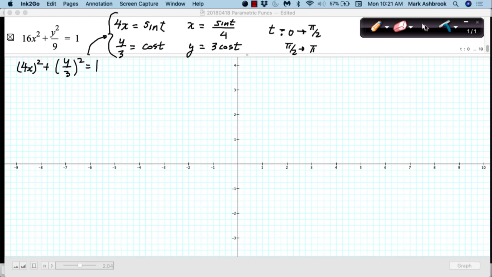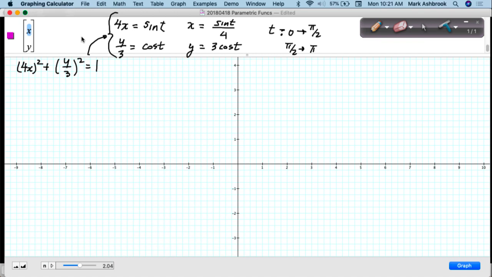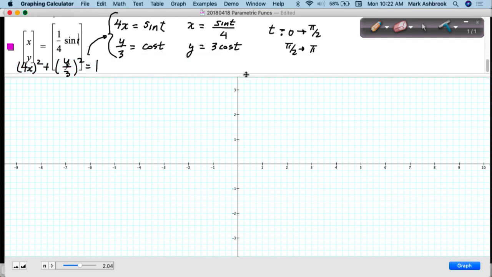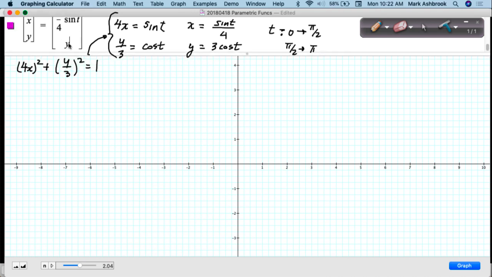So let's make sure that our parametric function does that same thing. I'm going to put the parametric function in here: xy equals, this is the one we came up with, 1/4 sine t and 3 cosine t.